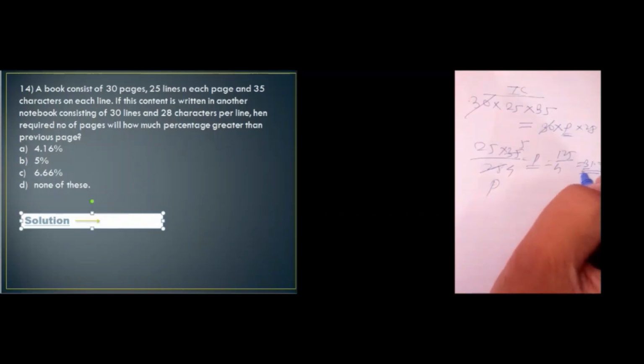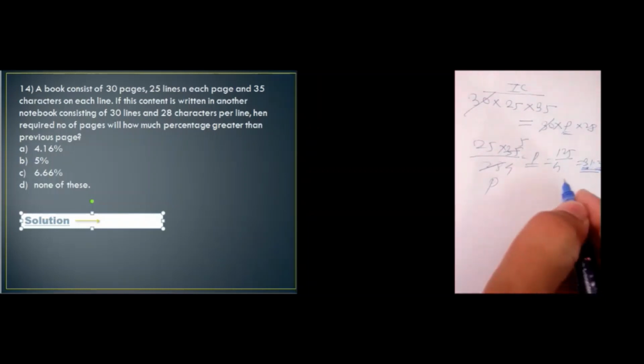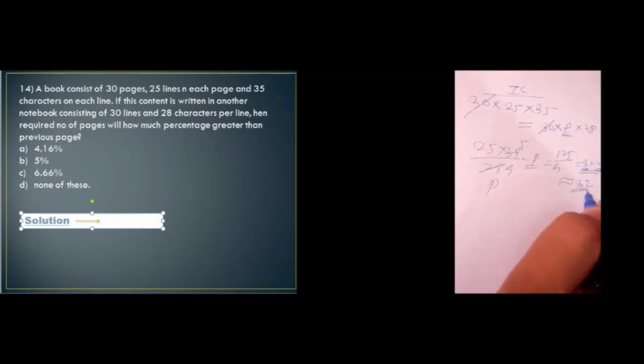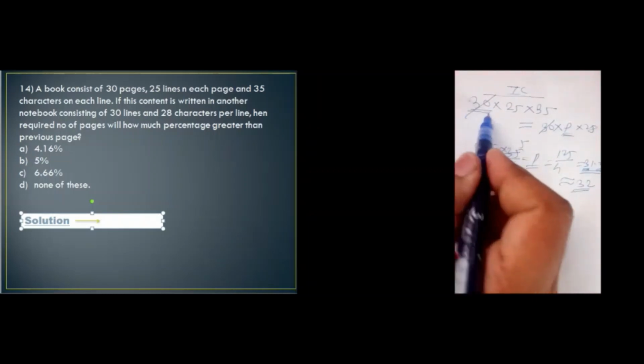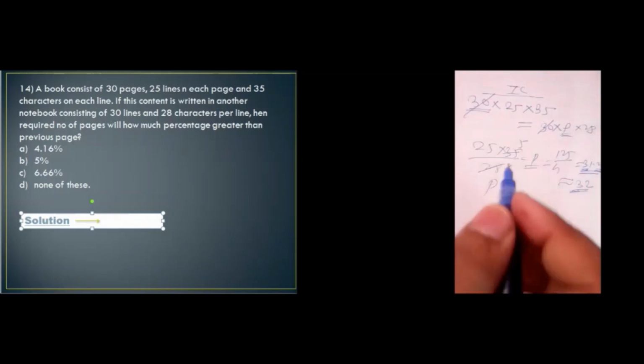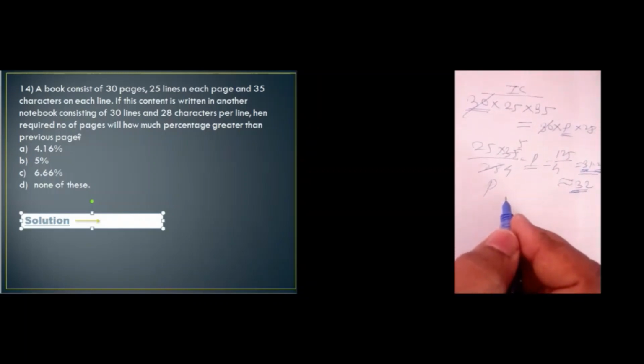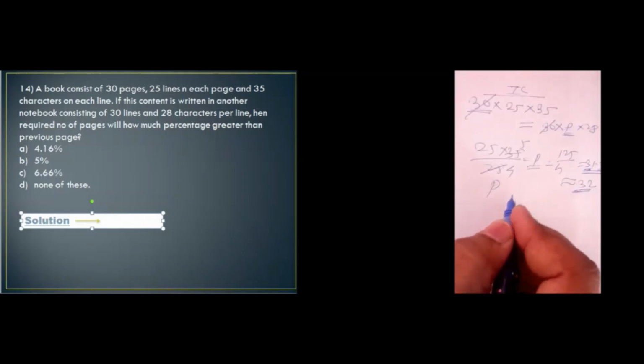So 31 pages are complete, and 25% of the next page has been used, but although it is 25%, it is going to take an entire page. So it is going to be 32 pages. Previously there were 30 pages, now there are 32 pages. We have been asked what the percentage change in the number of pages is.